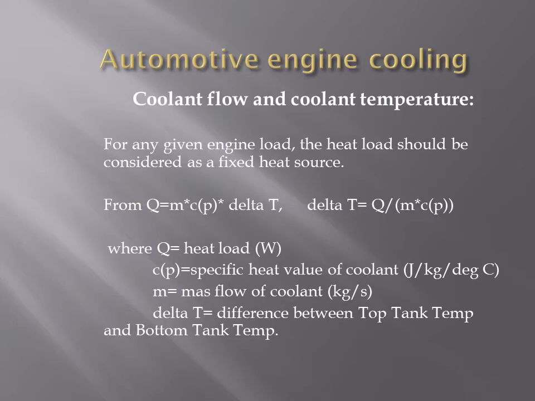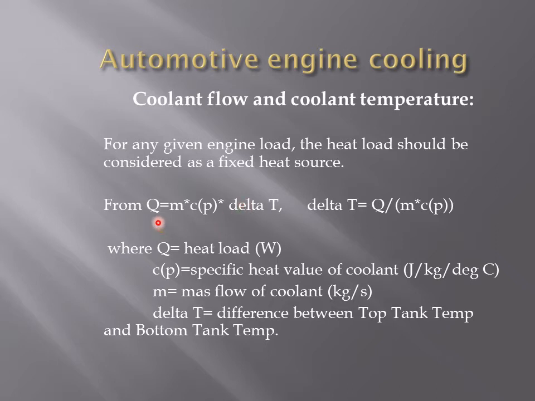Coolant flow and coolant temperature. For a given engine load, the heat load should be considered as a fixed heat source. From the formula Q, which is the heat load, equals M, mass flow of the coolant, times Cp, which is the heat value of the coolant, times delta T, which is the difference between top and bottom tank temperature.